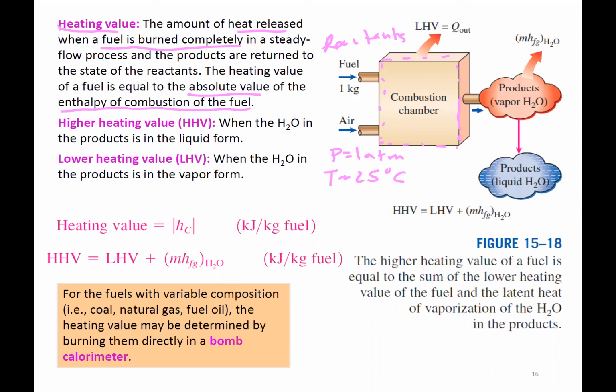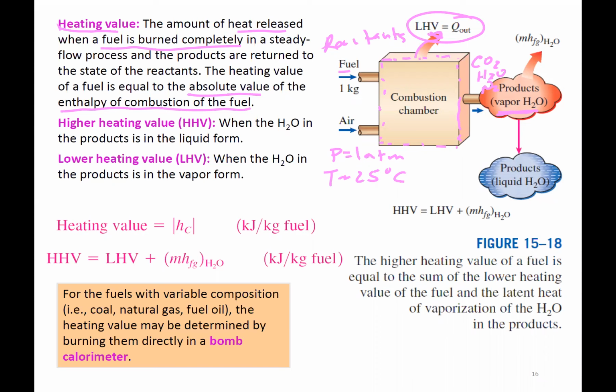We have our products coming out. If you're burning a fuel, it'll have CO2, water, and nitrogen, okay, and the heat that we get out is going to be our lower heating value in this case, if we have water as a vapor, okay?